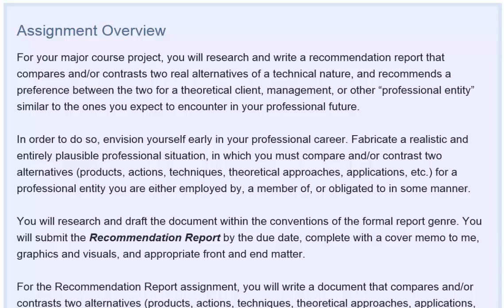So imagine that you are working in your chosen field and there is some problem at your workplace that you are poised to help solve based on your expertise and your area of knowledge.